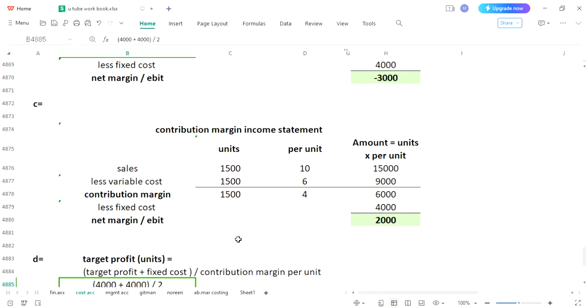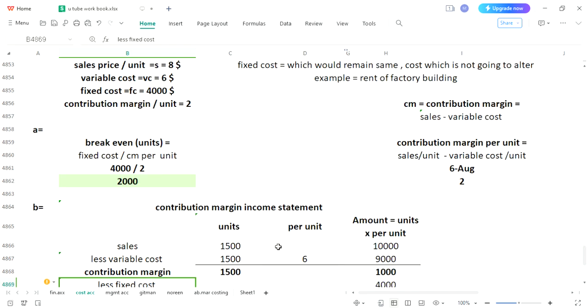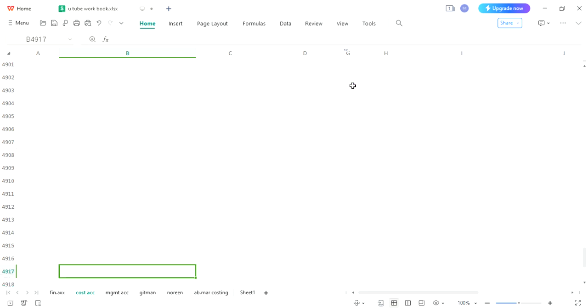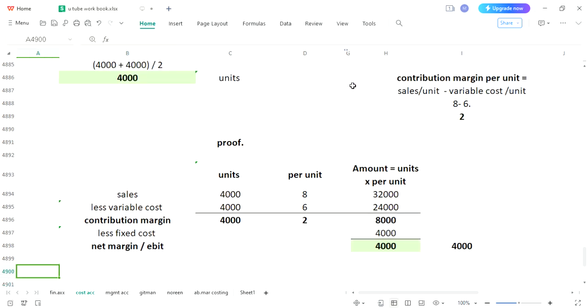In B part, there was no sale price. Collectively, we have put our 1500 units and we have sold them for $10,000. So what we understood is, do not sell 1500 units. It would never be in your favor because you will face loss. First element we have discussed, and this would be your E point.